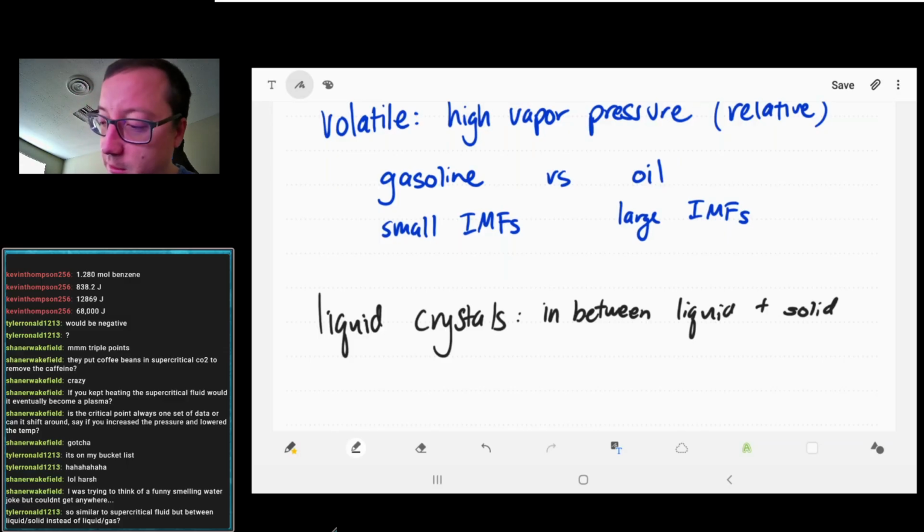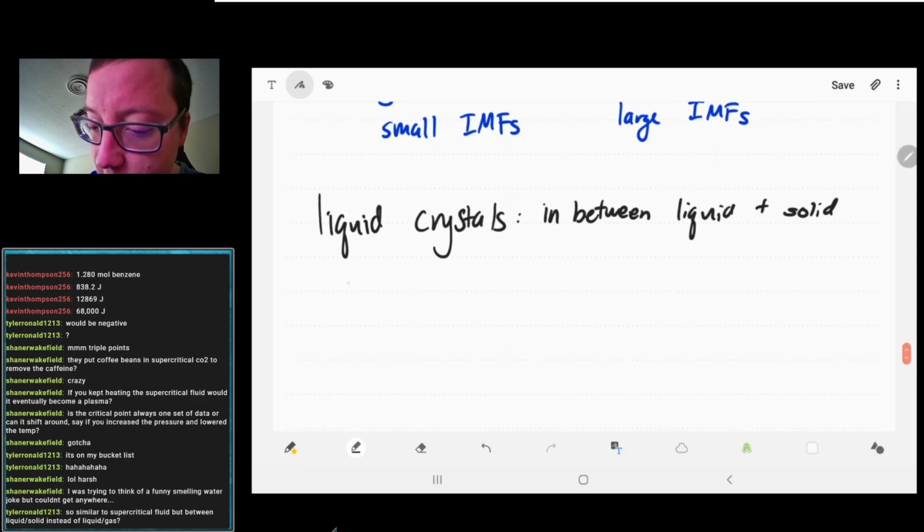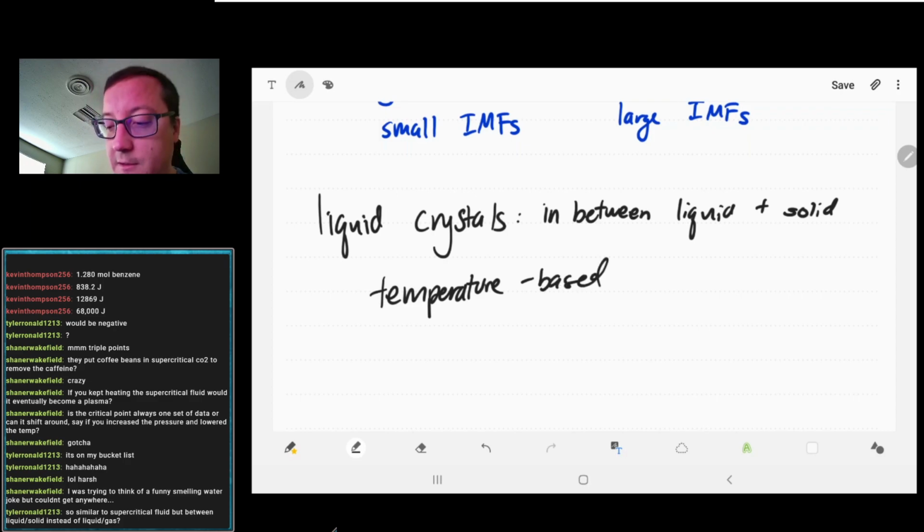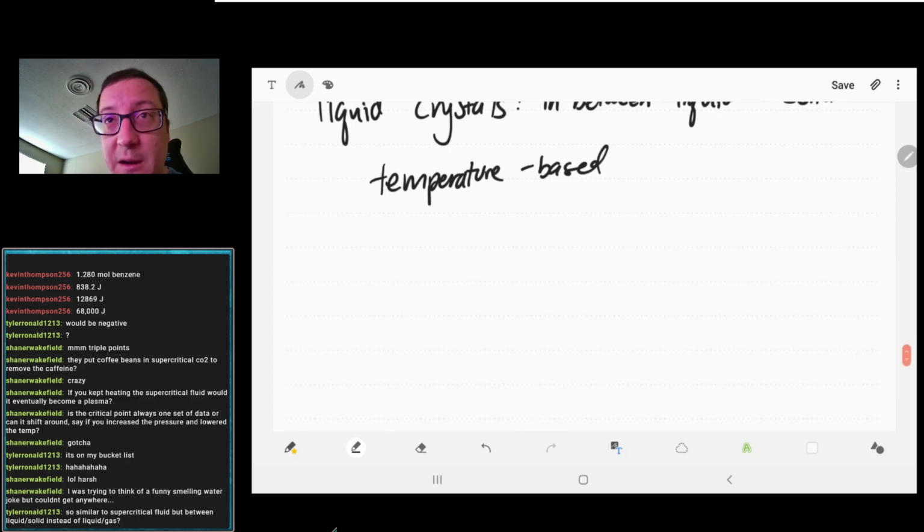We're going to see that liquid crystals are analogous, we could say that, but they're not really subject to pressure as much. These are temperature based. Some of them will have a temperature range.